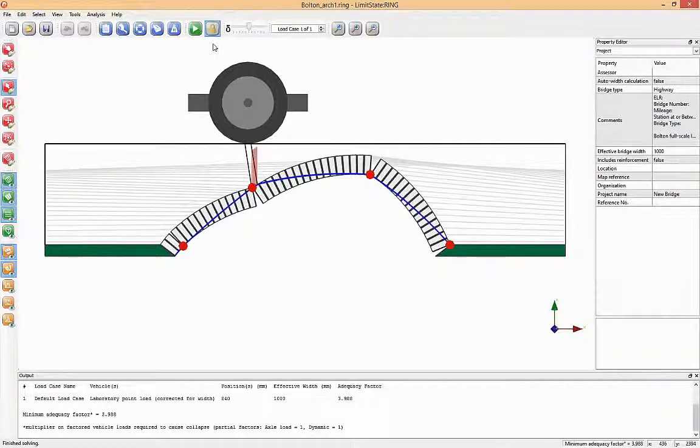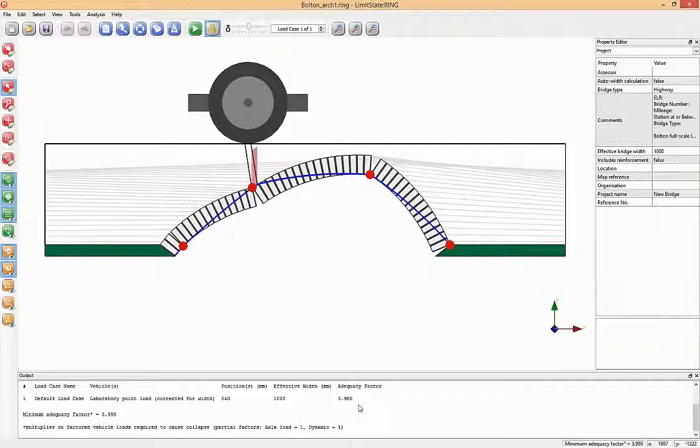If I press the solve button, then instantly I will be able to get a multiplier on the applied load, which in this case corresponds to a failure load in kilonewtons. If you look at the output box, you can see that we've got an adequacy factor of 3.988.